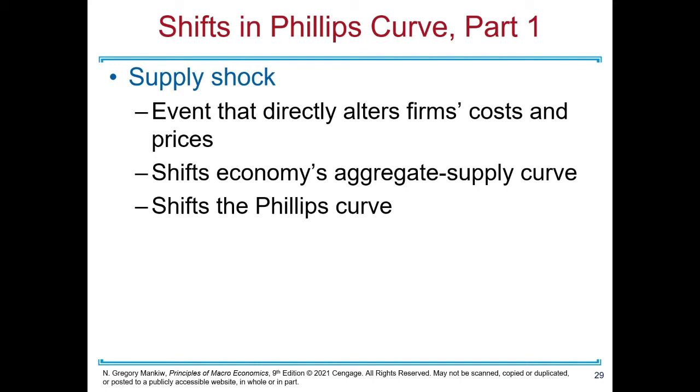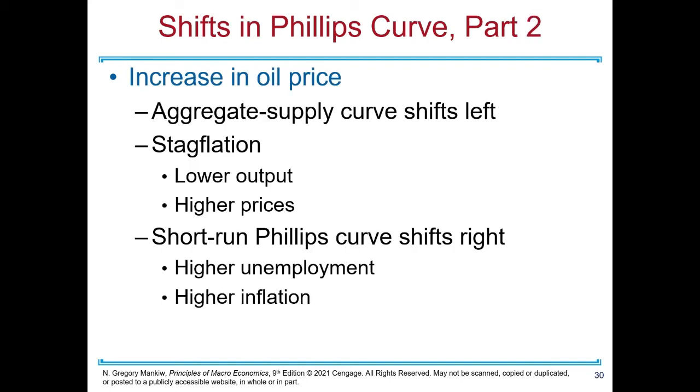Shocks to the aggregate supply, or supply shocks. In the 1970s, a group in the Middle East was formed called OPEC, the Organization of Petroleum Exporting Countries. It included Saudi Arabia, Kuwait, and Iraq.